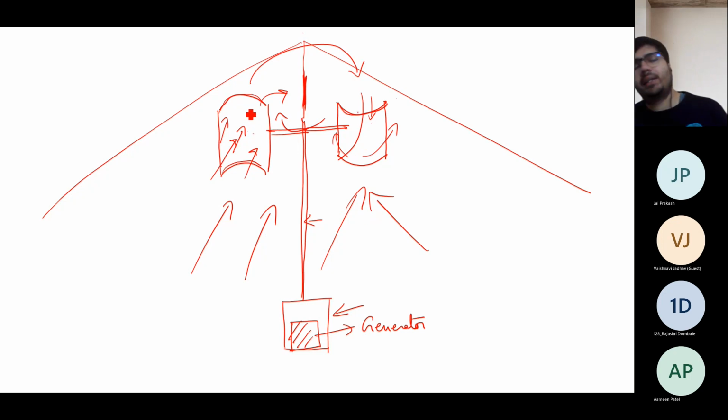At a time, only one blade is encountering the wind, so that's why the efficiency is low. The generator is at the bottom, so we do not require a strong tower. These are some advantages and limitations of the vertical axis wind turbine. You can also see the cables: we have to tie the tower with some cables to keep it straight and balanced.